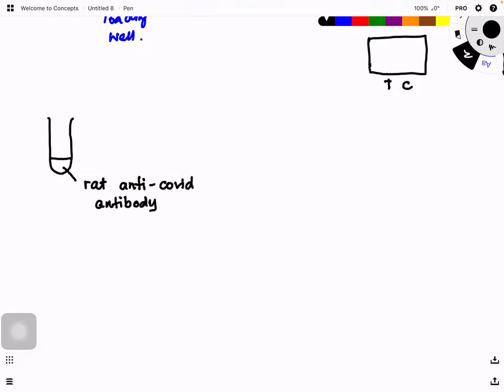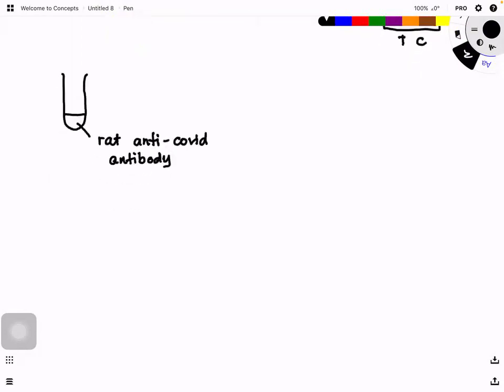But this antibody is special. If I draw it out, this antibody will bind to the COVID antigen.